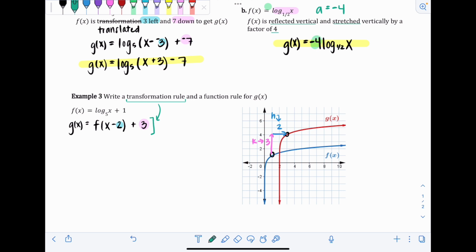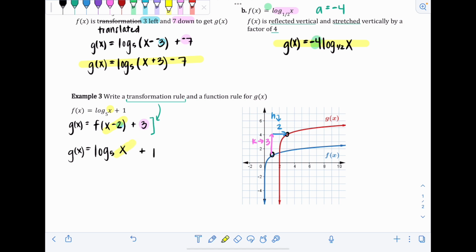Now to get my actual function rule, we have to put these transformations into our original function. So it'd be g of x equals, we're going to start with log base 5, and then f of x minus 2 means that wherever there was an x in the original function, it'll get replaced with x minus 2. I'm going to write out the original function first and then show the replacement after. The original function was log base 5 of x plus 1.